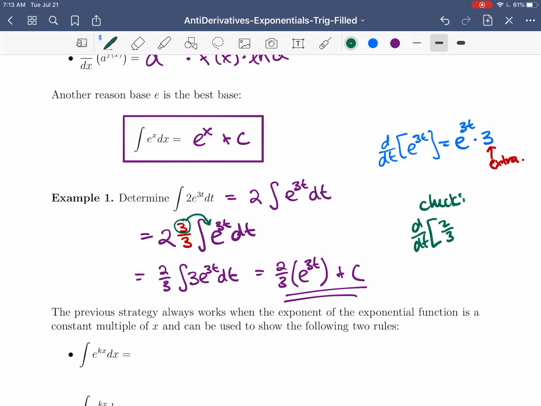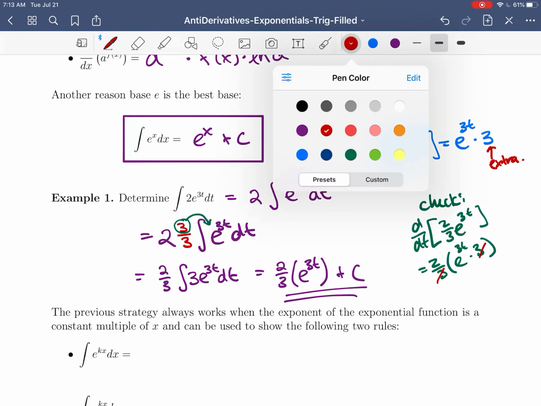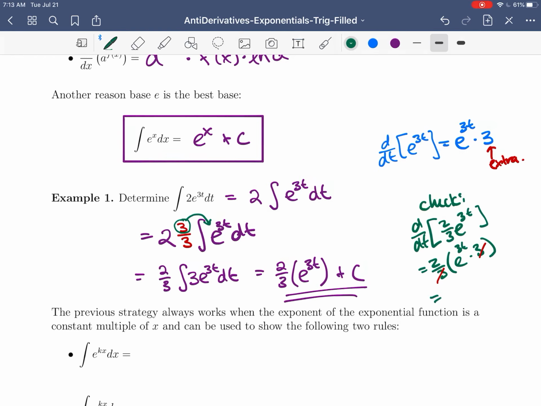Okay, that's the nice thing about this chapter. You can always check your work by differentiating. So this is going to be 2/3 times what we just said, so e to the 3t times 3. The 3's cancel out, and I get 2e to the 3t. Okay, this is exactly what I started with. So that's how I know that I got a right antiderivative.